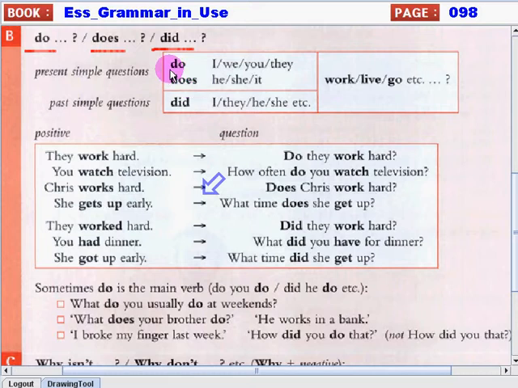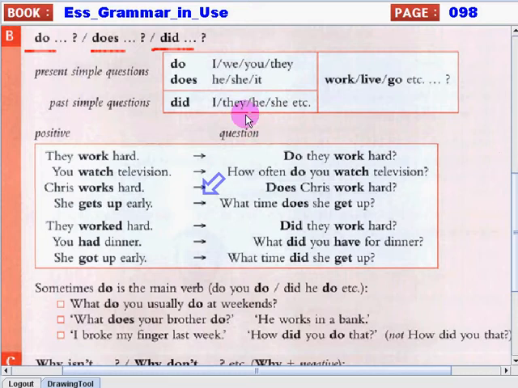We use do when we have nouns, or pronouns I, we, you, they as our subject in our sentence, while we use does when we have a singular subject like he, she, it in our sentence. Other verbs are work, live, go, etc., or many others, okay?